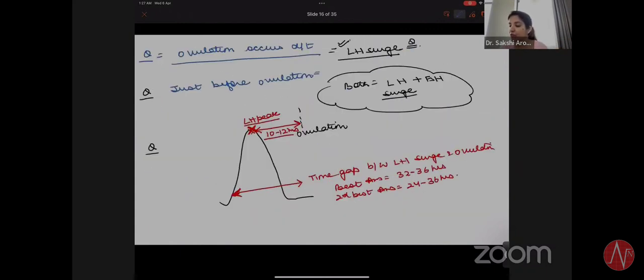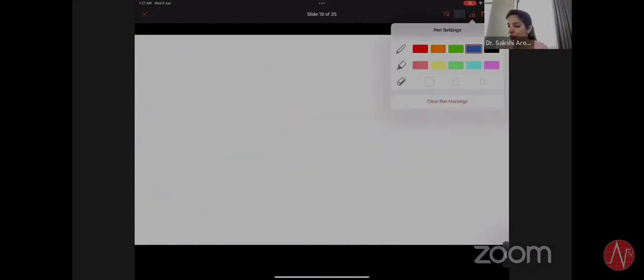The lifespan of corpus luteum in a non-pregnant female is 10 to 12 days. क्योंकि 14th डे पे तो मेंस्ट्रुएशन ही हो जाता है, right? So it is around 10 to 12 days.